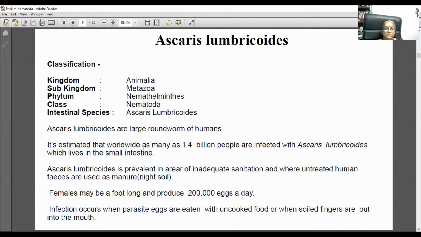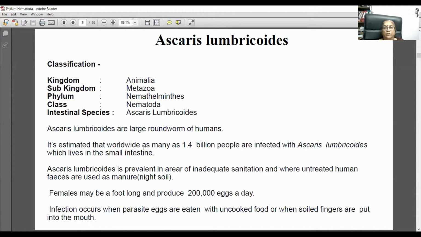The reason is that infection occurs only and only when the eggs go into the human being.